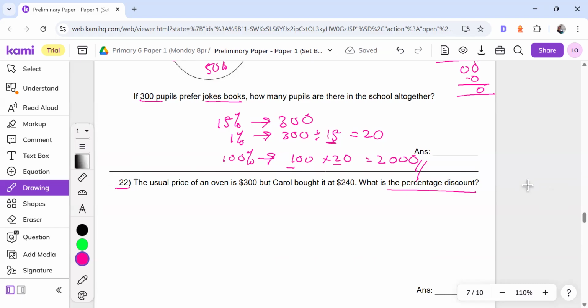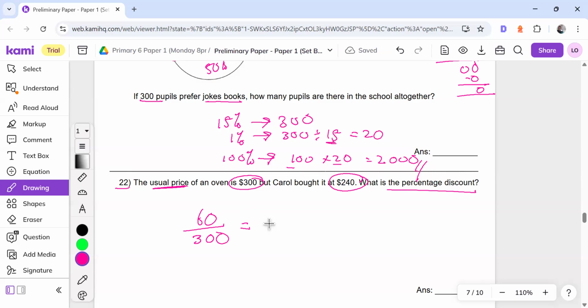So how do you find the percentage discount? Fraction. Numerator is the discount, $60. How do you get 60? Usual price is 300. She bought it at 240. So she saved $60. The denominator is the price at first. The denominator is always the at first.